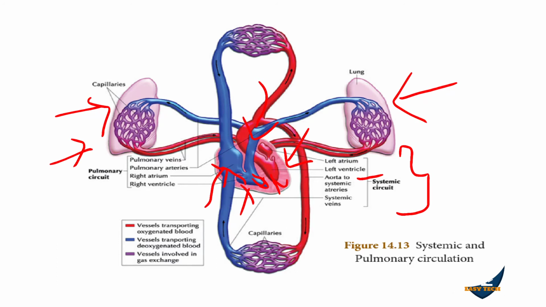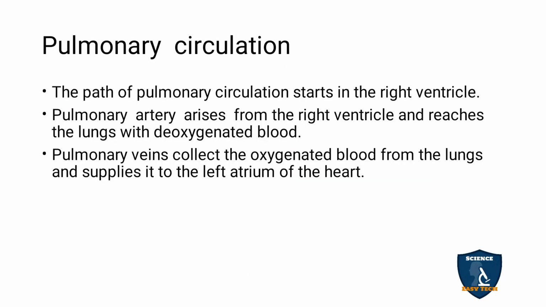After purification, from the lungs the blood reaches the left auricle. This is called pulmonary circulation. The lungs are involved, so that's why we call it pulmonary circulation.